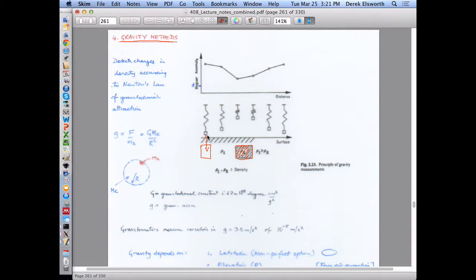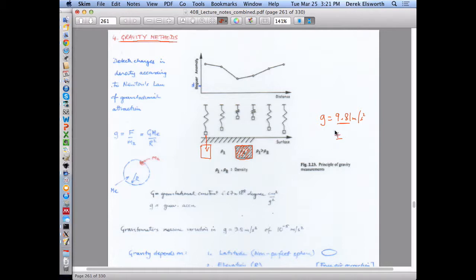And so basically gravity methods measure the change in the g constant, which we always assume is equal to 9.81 meters per second squared, but the reality is it varies by some very small amount.